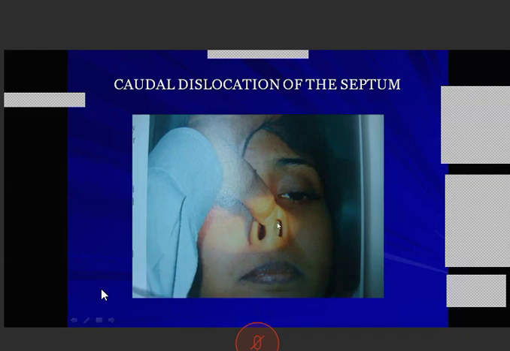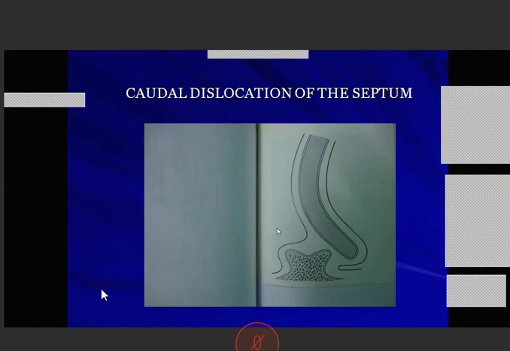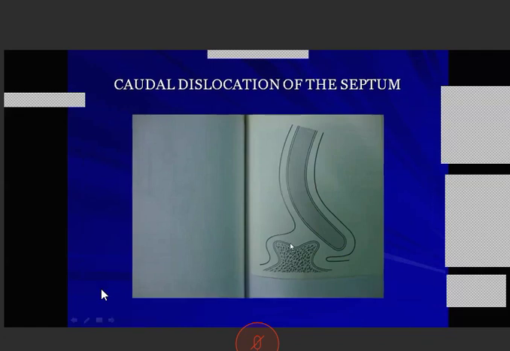So here we call it the caudal dislocation of the septum to the left. It should be kept in this maxillary groove. When it is not, it may get dislocated to one nostril or the other. So this is called the caudal dislocation.